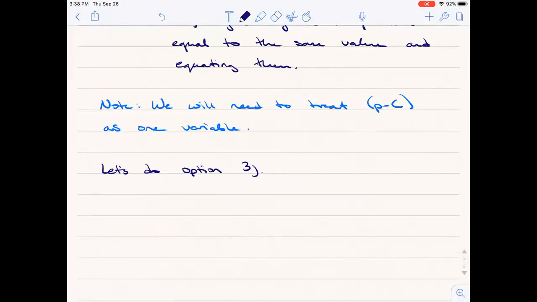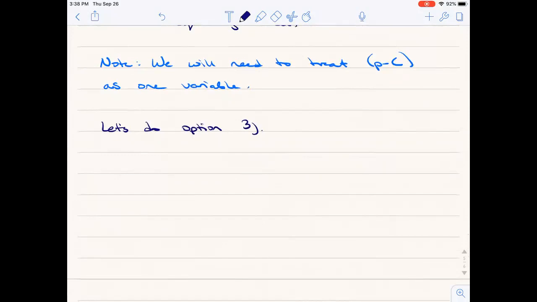What if we set each equation equal to 0, right? Let's do option 3 by setting each equation equal to 0.